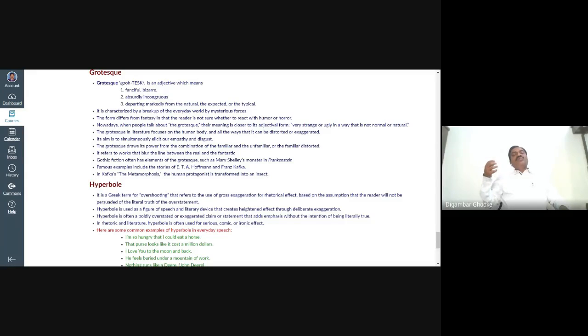Many of the movies, Rajnikanth's Robot, for example, in which a robot falls in love with a lady, is a kind of fantasy. Fine. So grotesque differs from fantasy because here the reader is not sure whether to react with horror or humor, whether to laugh or whether to be scared.